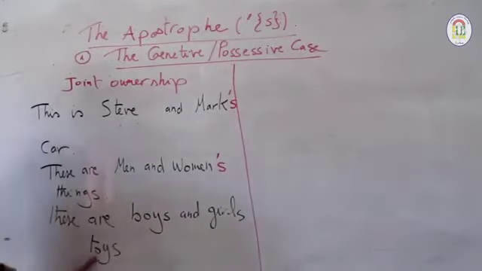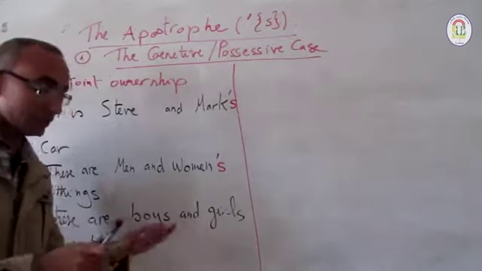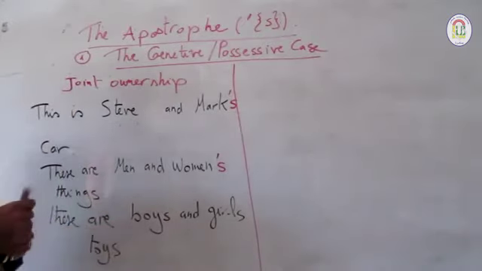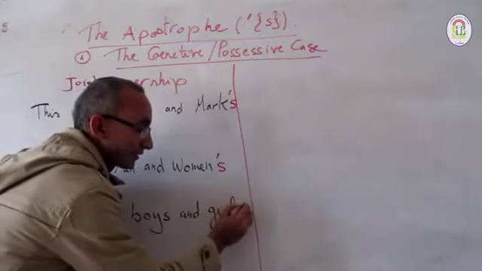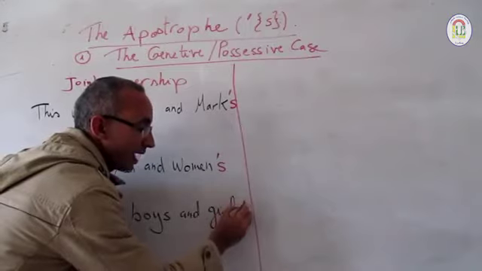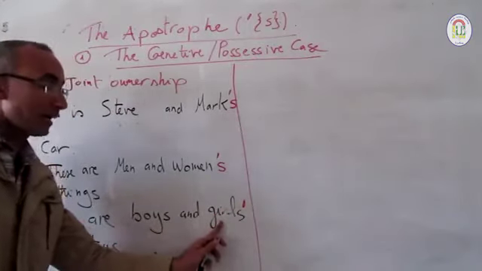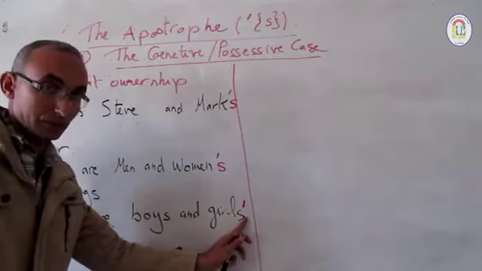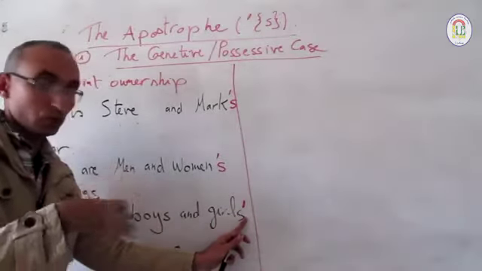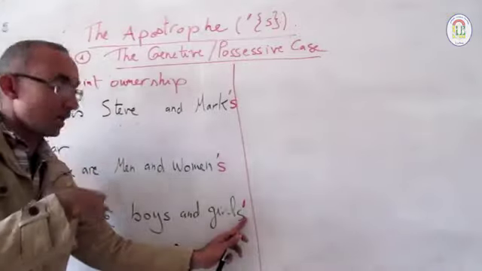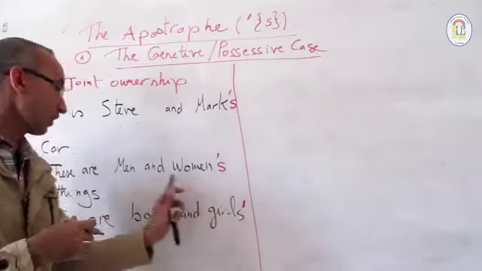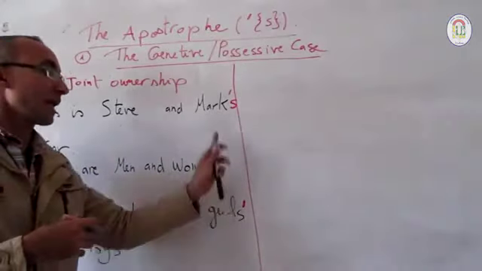Here the toys belong to both boys and girls. So here I must always put my apostrophe at the end of the second owner, and here as it is a regular plural noun, I put only an apostrophe. Clear? With the same rule we saw together at the beginning of the lesson. Clear?